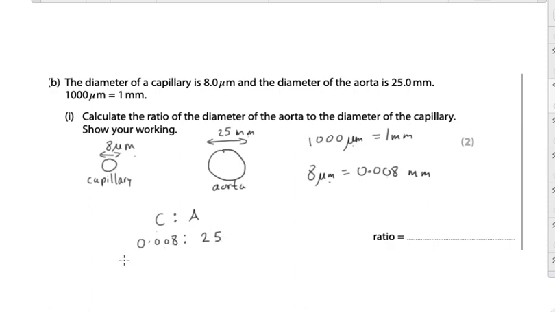And now we're going to divide both sides by 0.008. So it's a bit like fractions. And what we do to one side, we do to the other. So that's going to be 1. And dividing that, we'll get 3,125. So this shows us that the aorta is 3,125 times larger than the capillary.